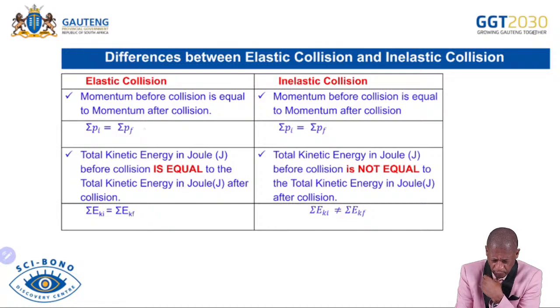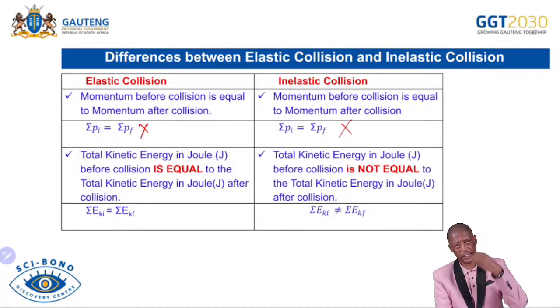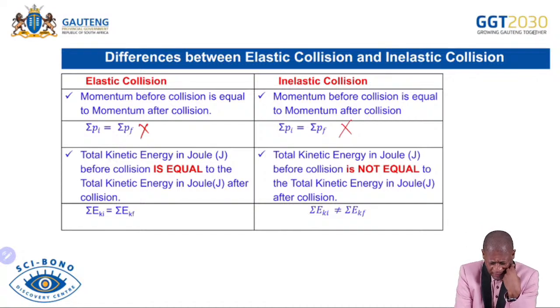This is the formula for the principle of conservation of momentum in both inelastic and elastic collisions. Now, we said, and I still say, there are two things that need to come to your mind when it comes to elastic collisions.